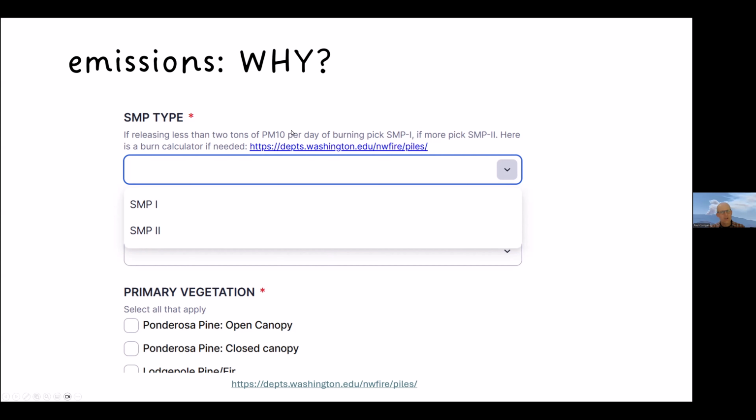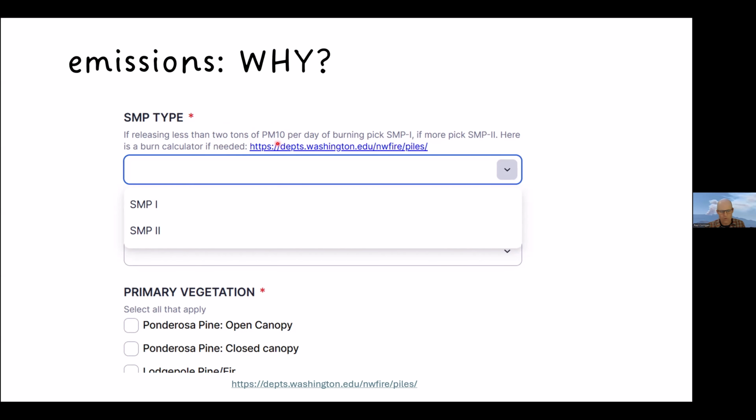Okay, the last thing I'd probably point out on this slide is that 2 tons of PM10 is not a magic number, right? If you only burn 1.5 tons of PM10, it doesn't mean you're not going to smoke out a neighborhood or irritate somebody who's sensitive or cause all kinds of smoke problems, right?